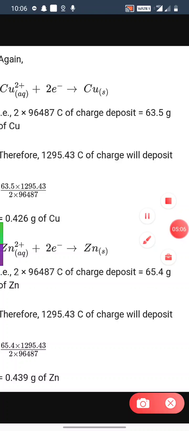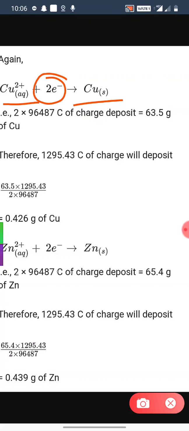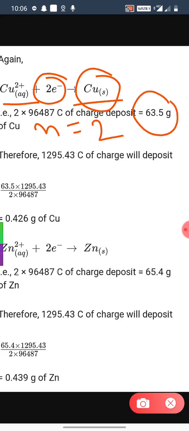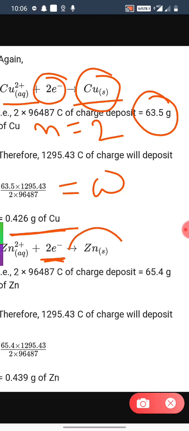Cu2+ is getting converted into Cu by gaining 2 moles of electrons. So in this case, the value of N is 2 and the atomic mass of copper is 63.5 gram. By substituting the values in the formula, you will get the answer as 0.426 gram of copper.